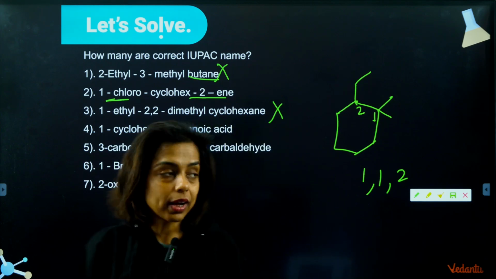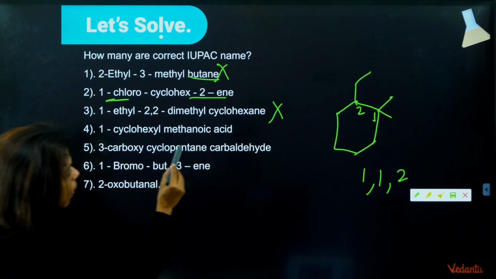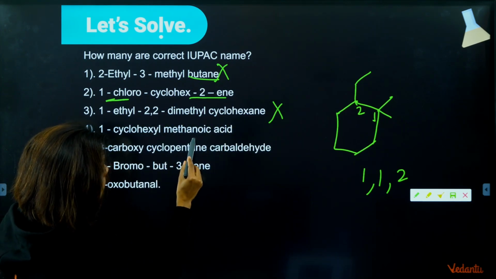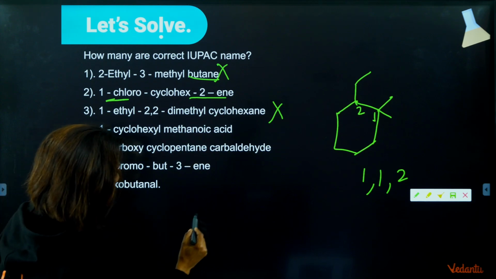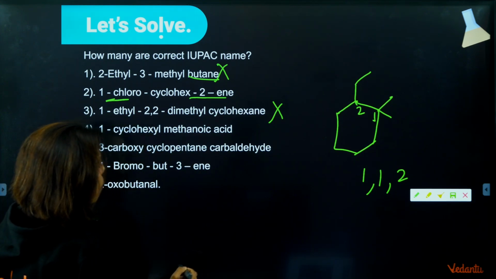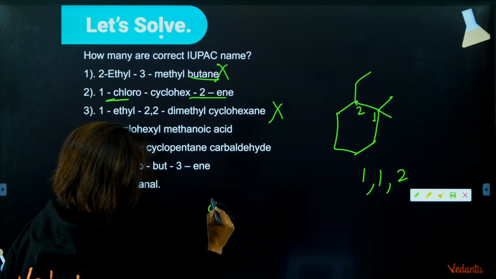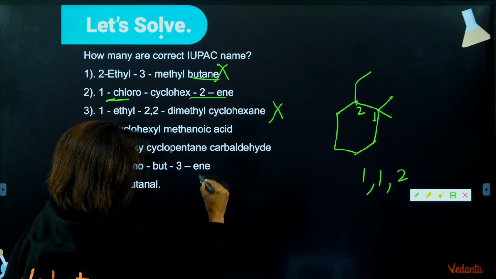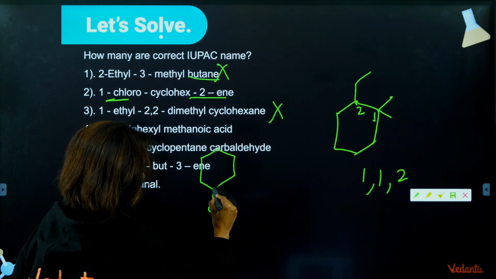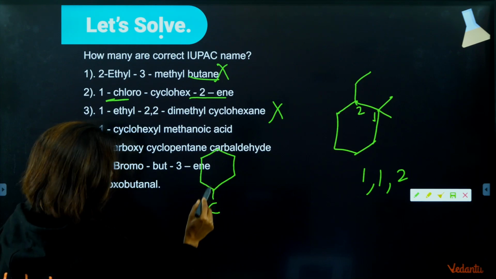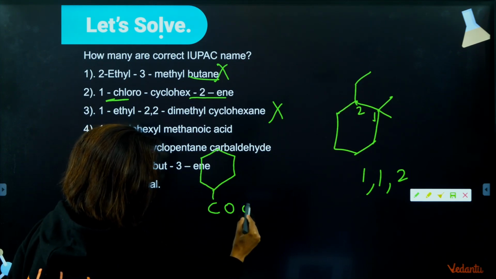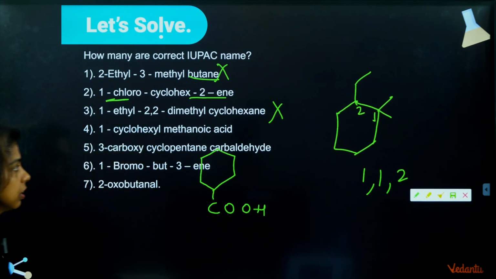Next, fourth one is 1 cyclohexyl methanoic acid. Methanoic acid is HCOOH, right? Cyclohexyl, 1 cyclohexyl methanoic acid. Is it the correct name for this?